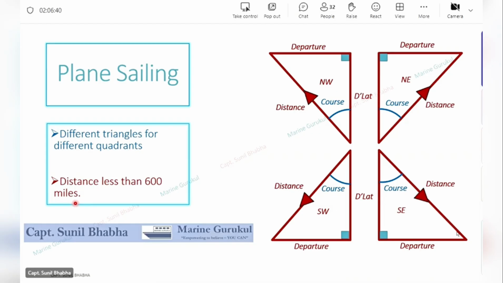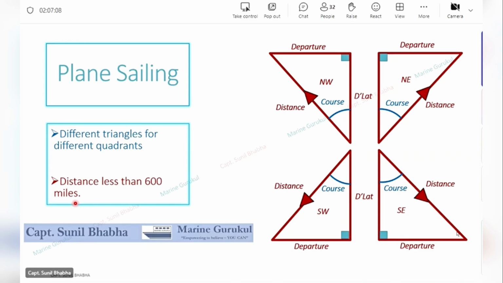Now till the time the distances are small, to be precise less than 600 miles, these errors are small, insignificant, and they can be easily neglected without any appreciable loss in the accuracy. But when the distances become greater, more than 600 nautical miles, the error which comes in our calculation also becomes significant and can no more be ignored.